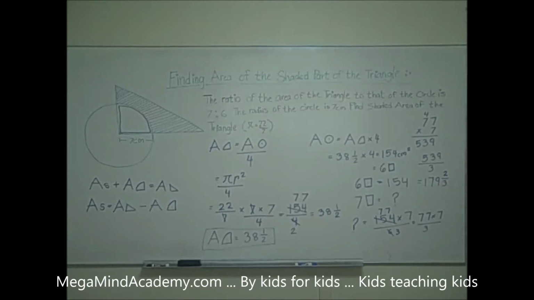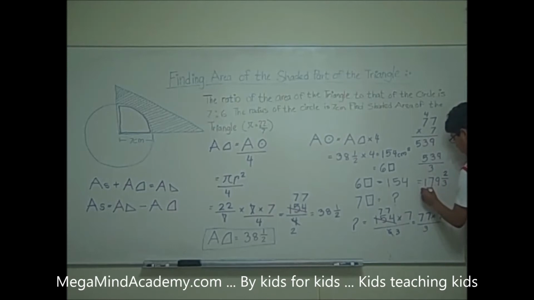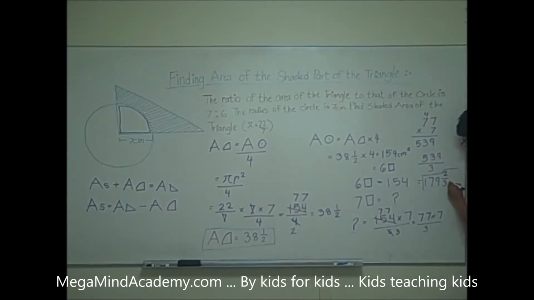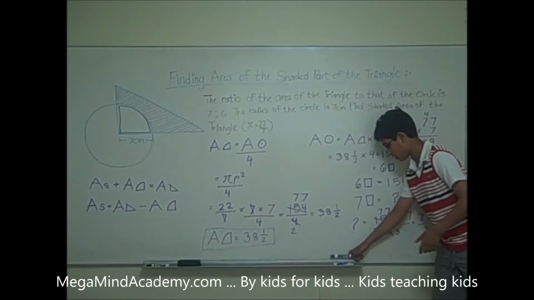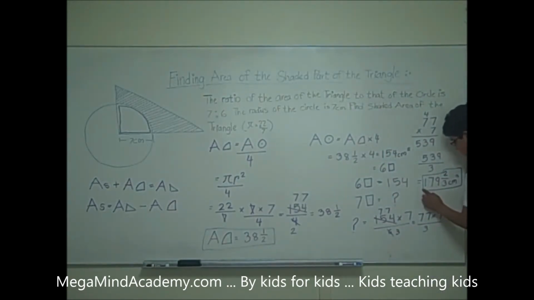So the area of the triangle is equal to 179 and 2/3 centimeters squared.